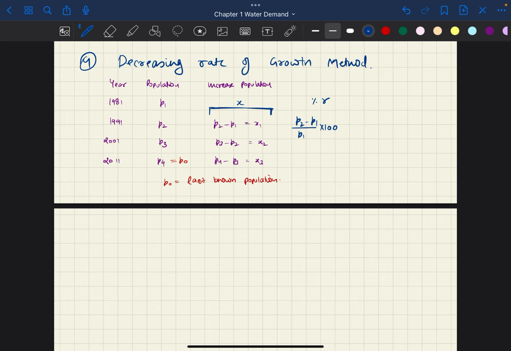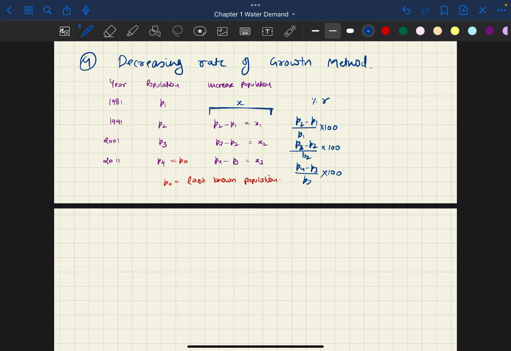This is percentage rate of growth, just like we calculated in geometric increase method. So like this, P3 minus P2 divided by P2 into 100. So P4 minus P3 divided by P3 into 100.